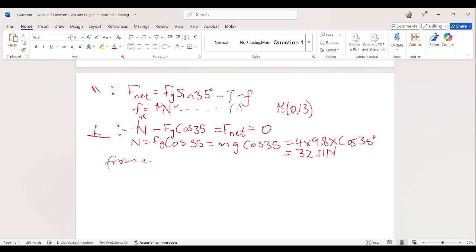Given that we have calculated the normal force, from equation 1 we know that the frictional force on the 4 kg block is given by mu, 0.13, times 32.11, which is 4.17 newtons.